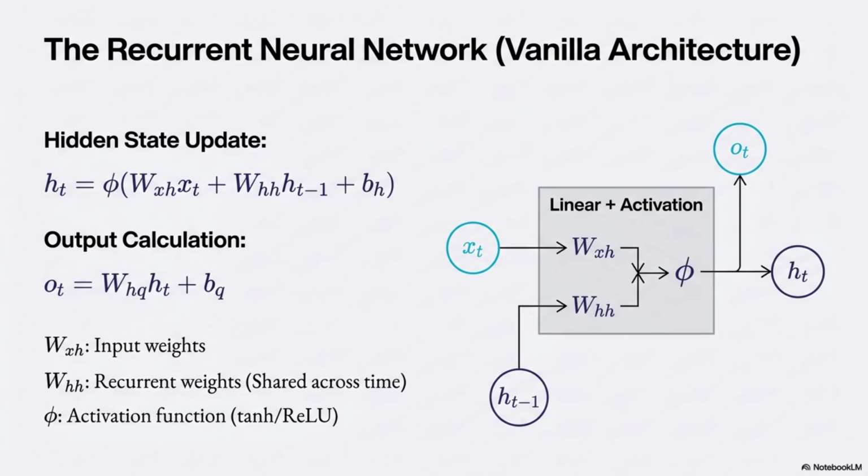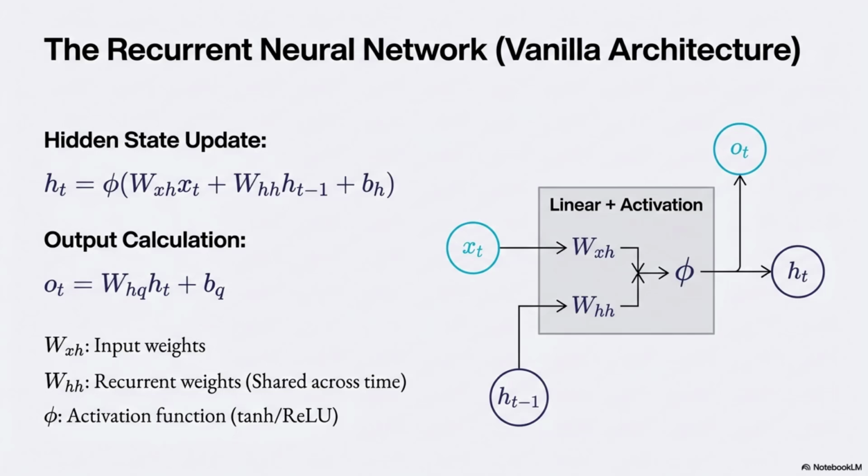So that leads us to the big architectural question. How do we actually compute this summary state, H, and how do we update it as we move through the sequence? The answer to that is the Recurrent Neural Network, or RNN. Let's break down the mechanics. It's actually quite simple at its core. At any time step t, the new hidden state, h_t, is just a function of 2 things, the state from the previous time step, h_{t-1}, and the current input, x_t.